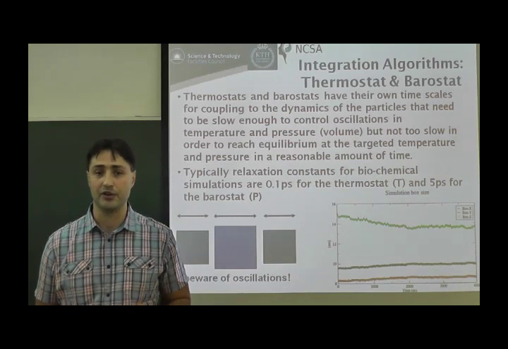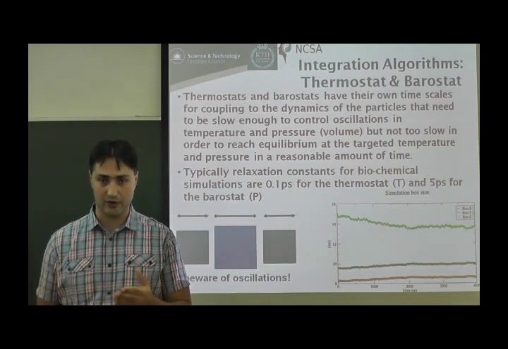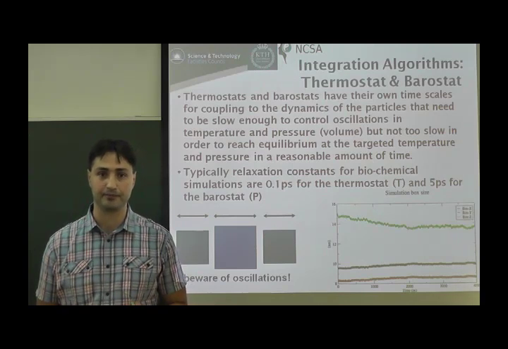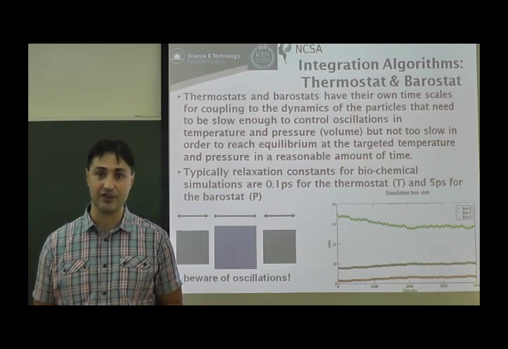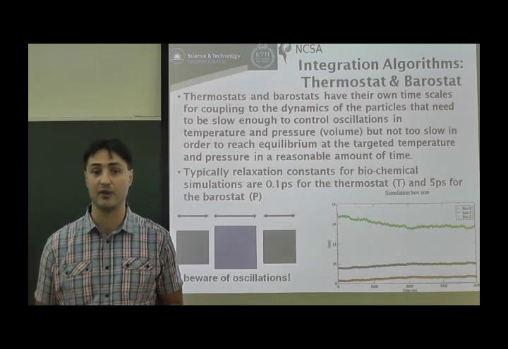It is a user choice, but quite often the user needs to think and relate those scales to experimental data. So typical relaxation constants for biochemical simulations are 0.1 picoseconds for the thermostat and 5 picoseconds for the barostat.